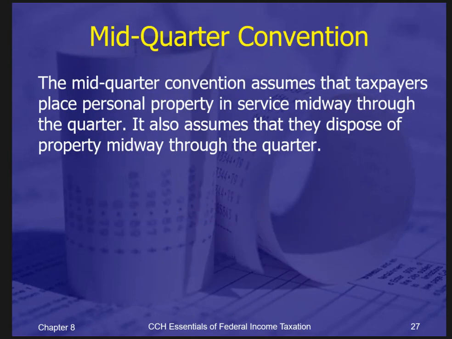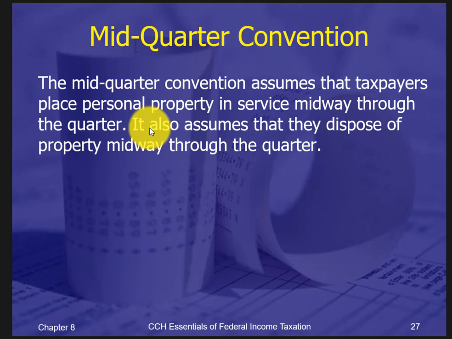Now, there is a mid-quarter convention which assumes that we put our personal property in service midway through the quarter. Okay? It assumes that they dispose of it halfway through. So anytime January through March is assumed to have happened on February 15th.